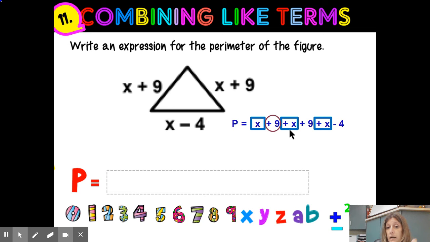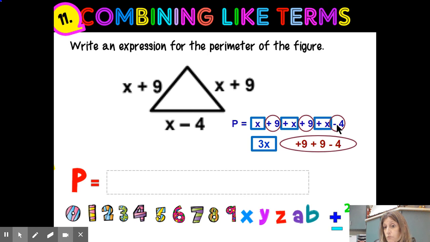And then I can put my constants together. I've got plus 9. They can be our humans. Plus 9 is 18. And then 4 go on break. Minus 4, and that would be 14. So I've got my 3 x's, and when I put these numbers together, that gives me positive 14.